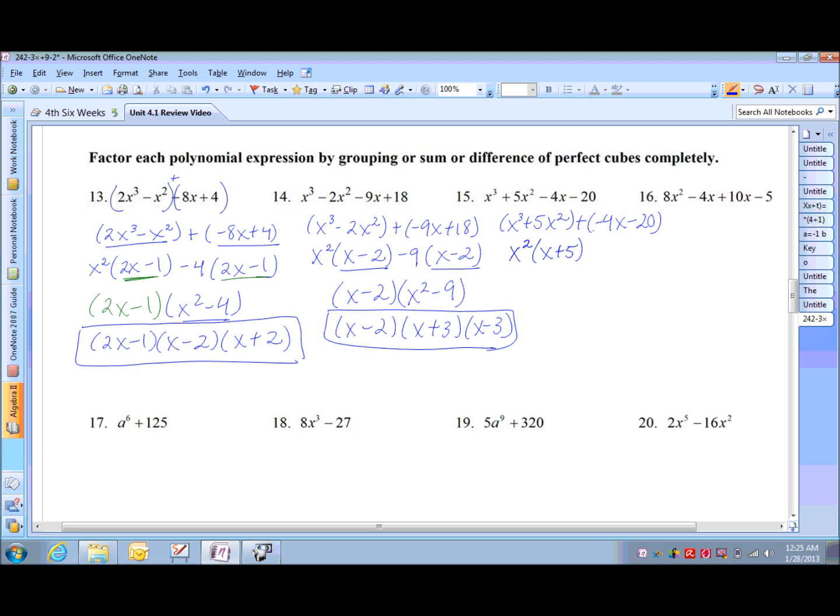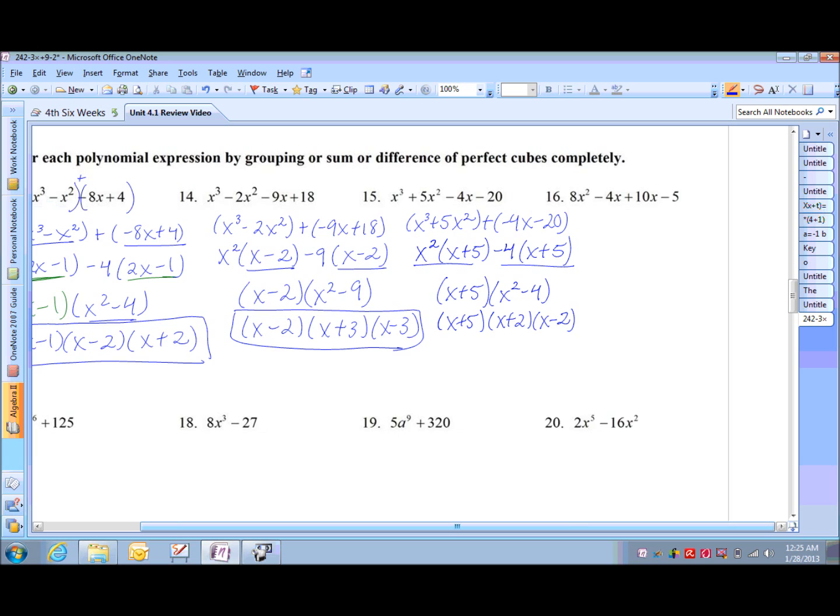Okay, and what we can pull out of the second parentheses is negative 4 in order to get x plus 5. Now in these two terms, the common thing is x plus 5, so we can pull out that. And what's left is x squared minus 4. So you get x plus 5, and x squared minus 4 is a difference of perfect squares, so we can factor that into x plus 2 and x minus 2.